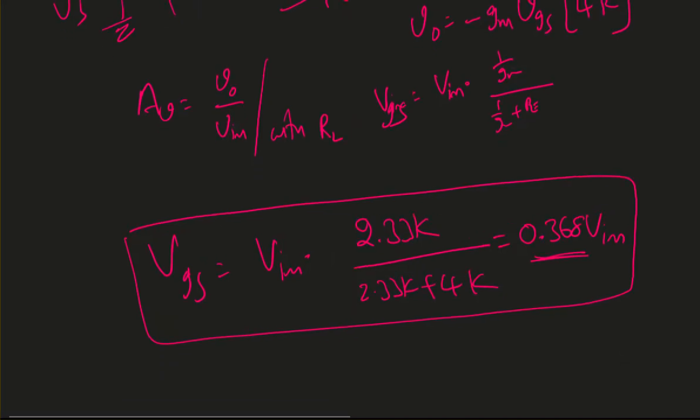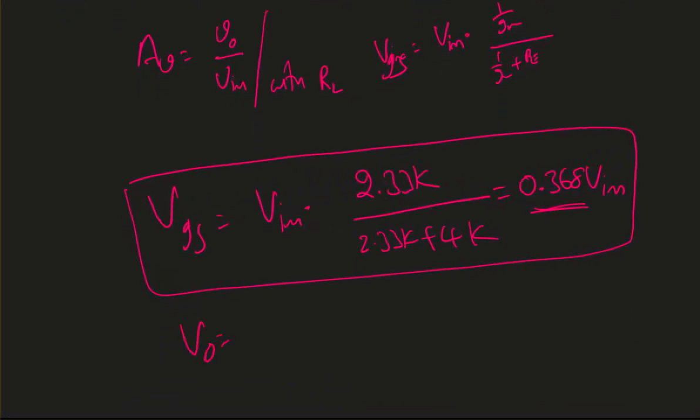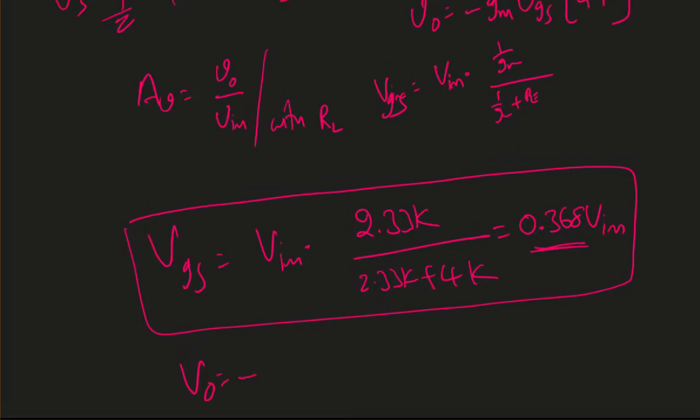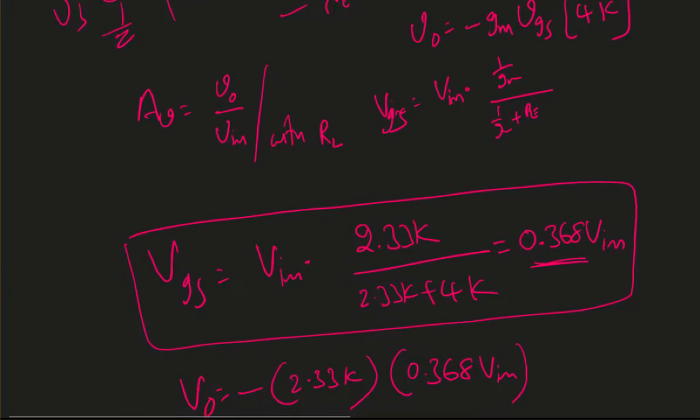I'm going to substitute that right here. So V0, the output voltage, equals minus gm times VGS, which is 0.368 Vn, and then 4k. I'm sorry, this is not 2.33k. gm is 1 over that value.